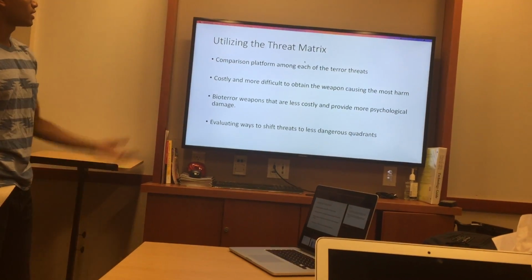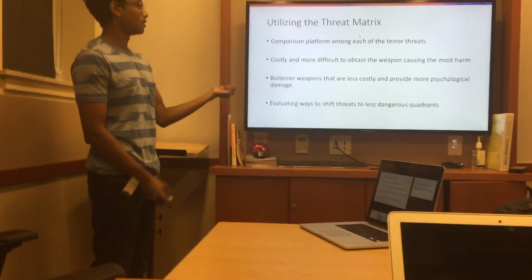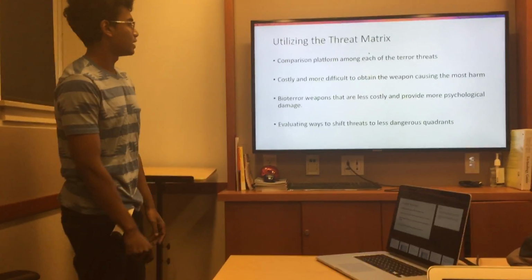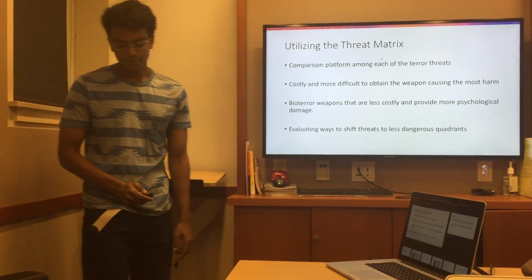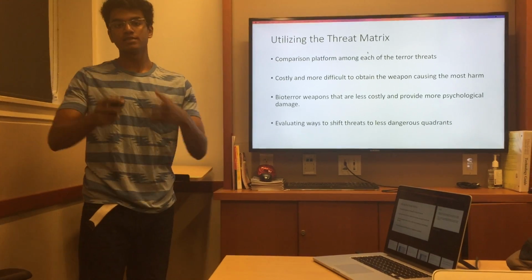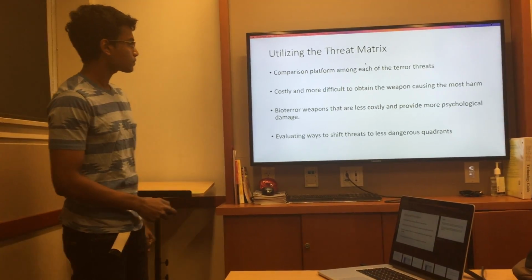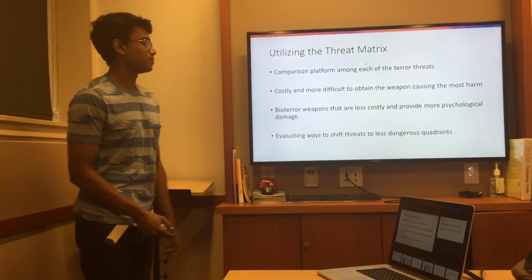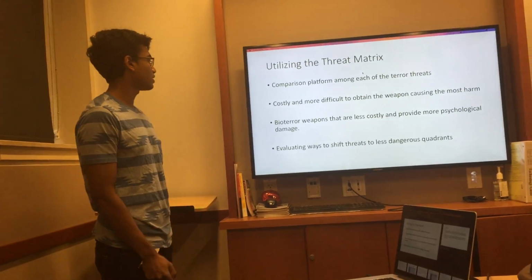And so why are these matrices very useful? The main purpose is that it provides a very visual tool to compare terror threats on a very simple platform. And so we saw these two. There can be obviously, I think, a wide set of these matrices that would be very important. But for now, we've seen 2, which are the ease of obtainment versus the casualty cost.